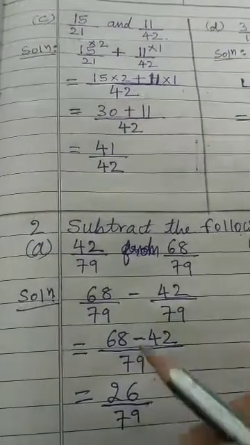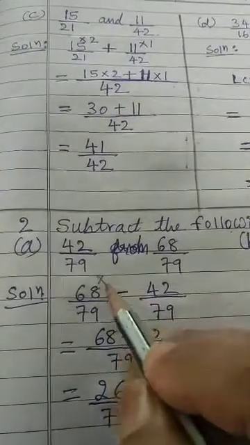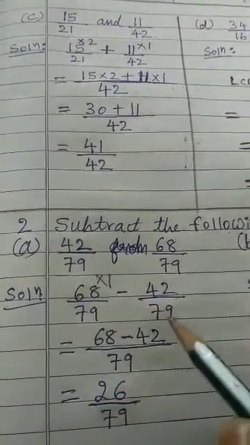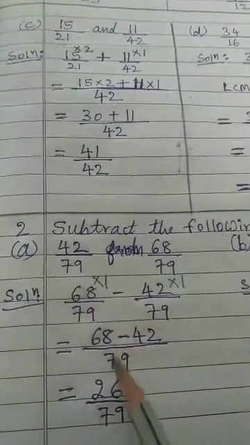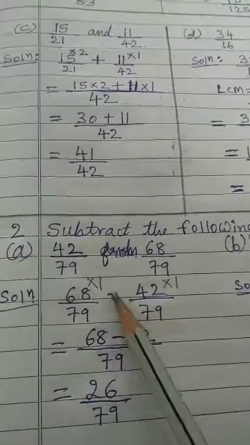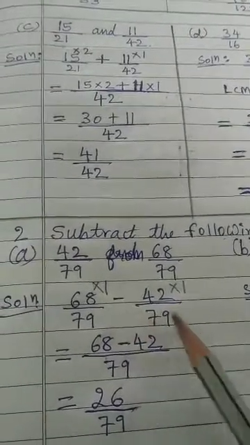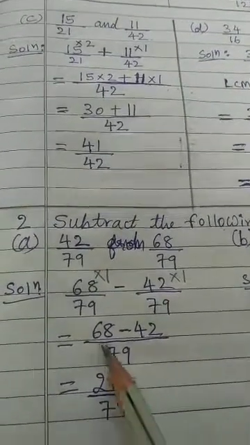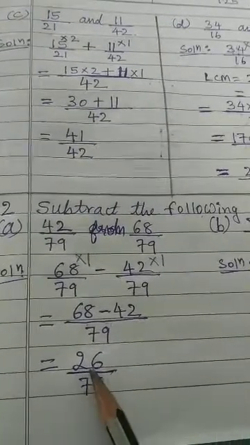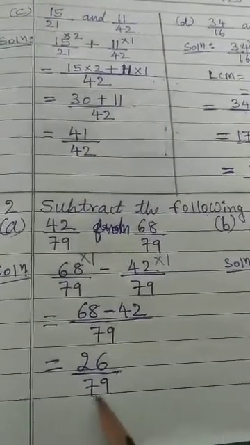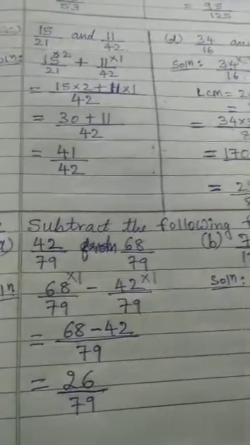So 79 ones are 79, easy it is. This is also 79 ones are 79. Multiply: 68 ones are 68. Put minus, because subtraction. 42 ones are 42. 68 minus 42 is how much? 68 minus 42 is 26 by 79.